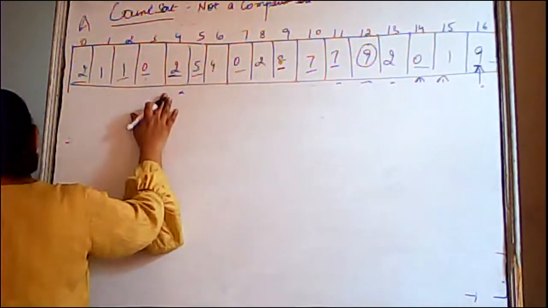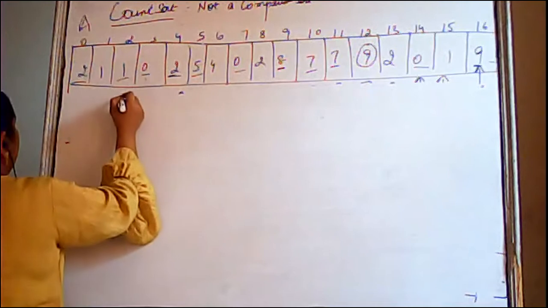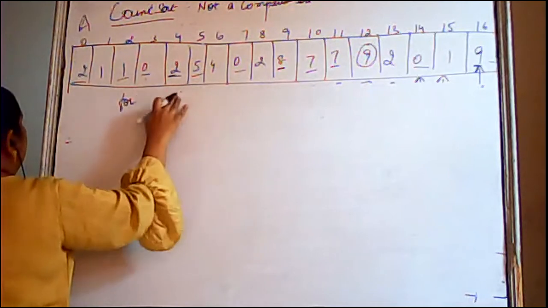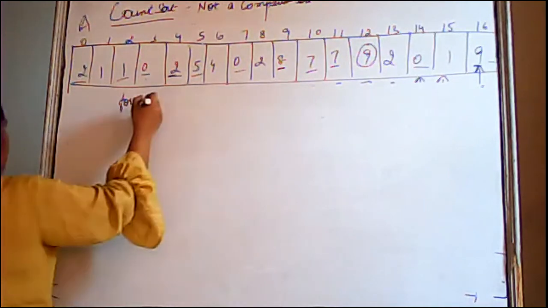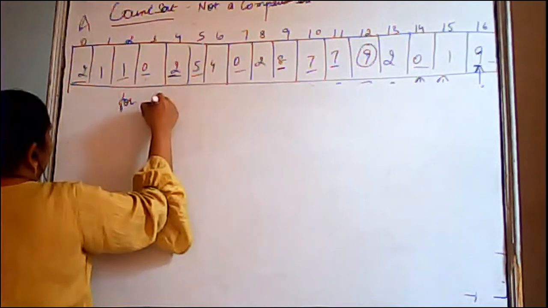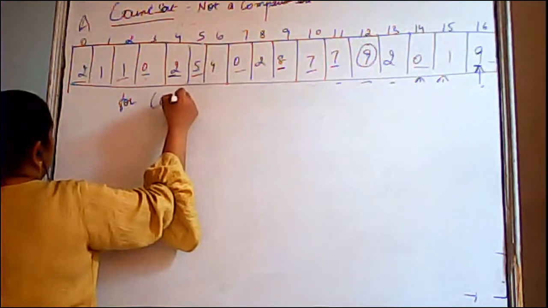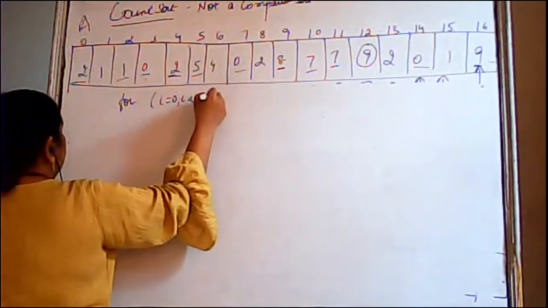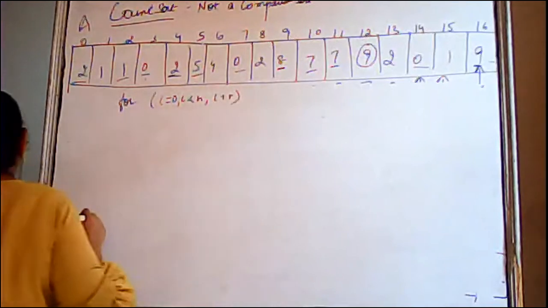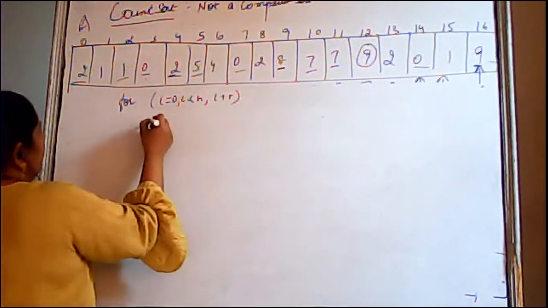First of all, you have to take the input for the array. Then you have to prepare the count array, the frequency occurrence count, where for I is equal to 0, I less than n, I plus plus. Fine. What will you write?